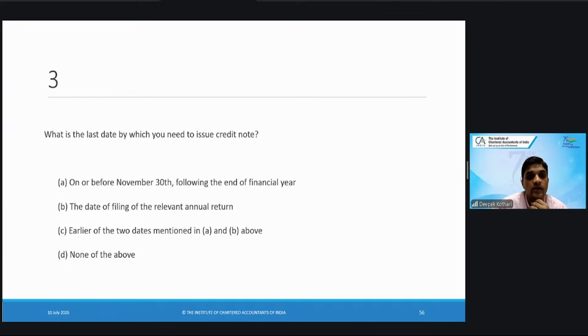Correct. Earlier of the two dates, that is 30th November or date of filing relevant return, whichever is earlier.